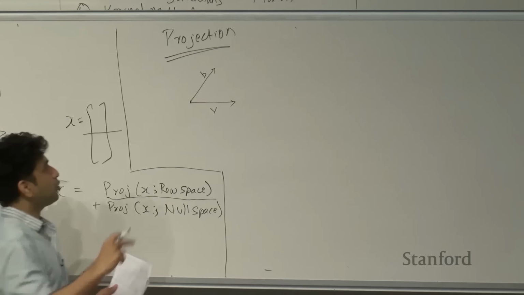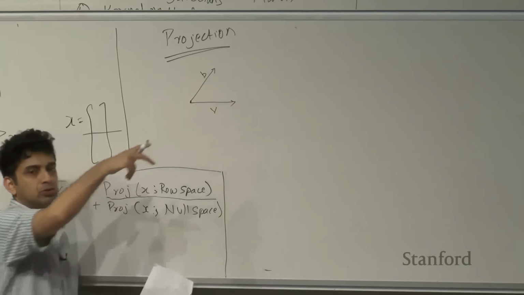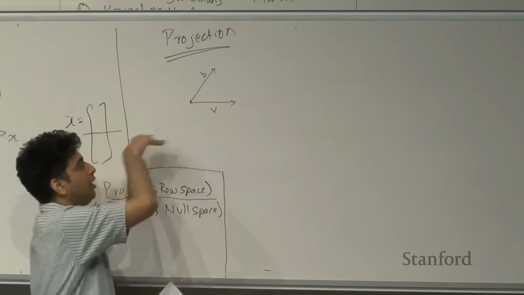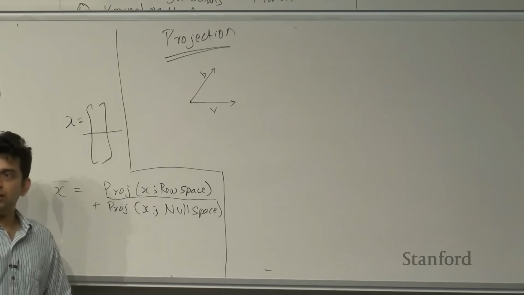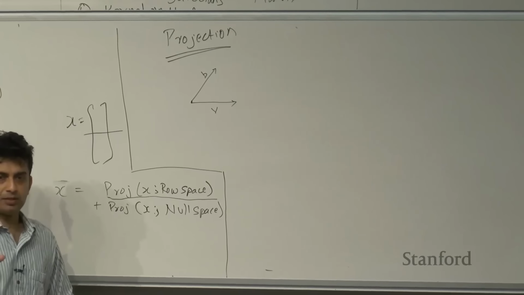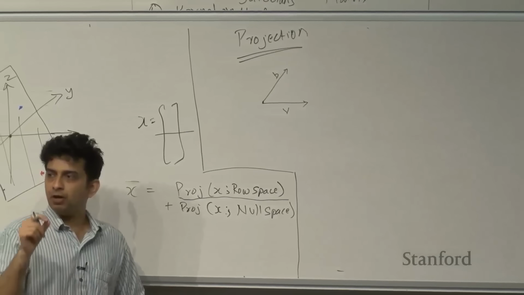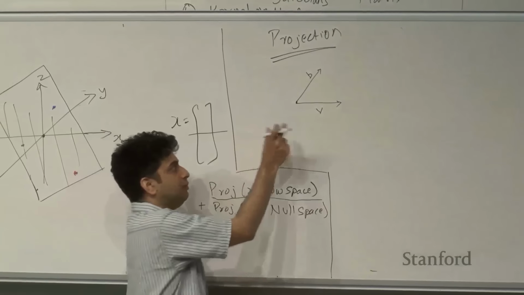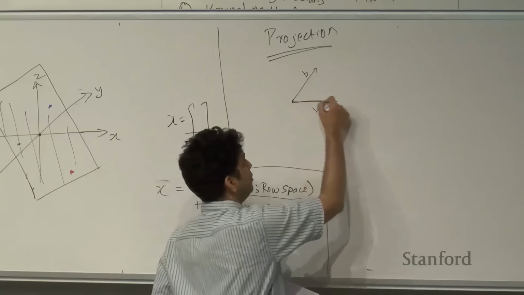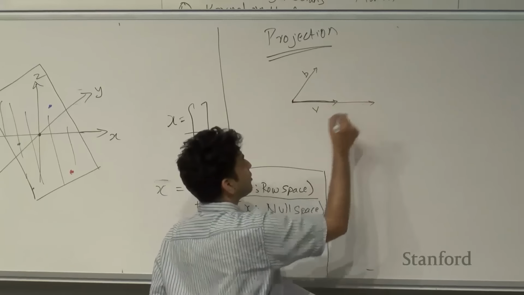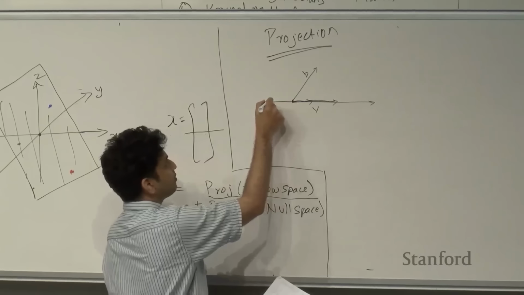Now we want to project B onto the subspace spanned by V. V is a vector and it induces a one-dimensional subspace which is made up of all linear combinations of the vector V, which means 2V is part of that subspace, 0.5V is part of that subspace, minus V is part of that subspace.